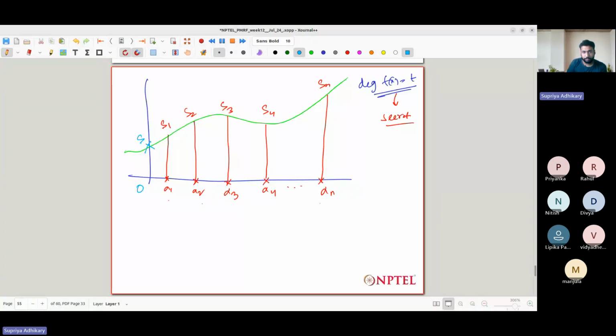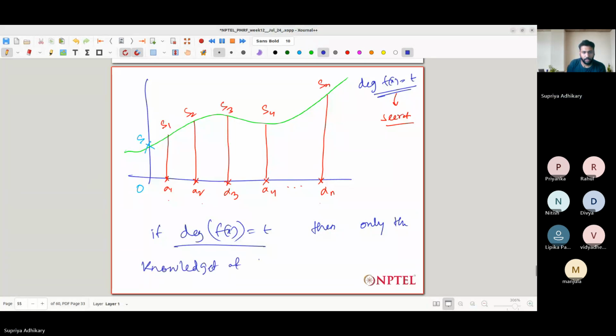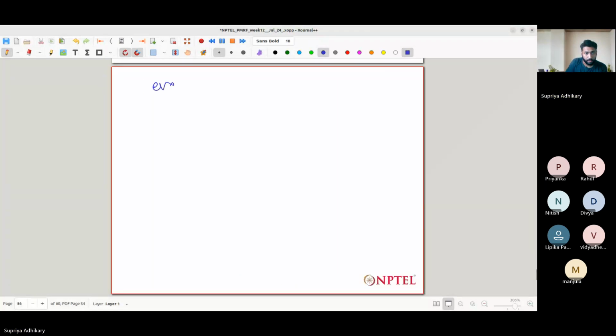Now, if this is a t degree polynomial, if the degree of f(x) is t, then only the knowledge of at least t plus 1 many evaluated points is required to reconstruct f(x).